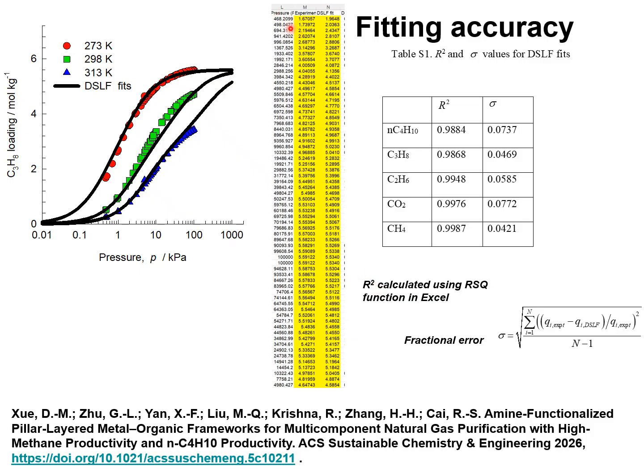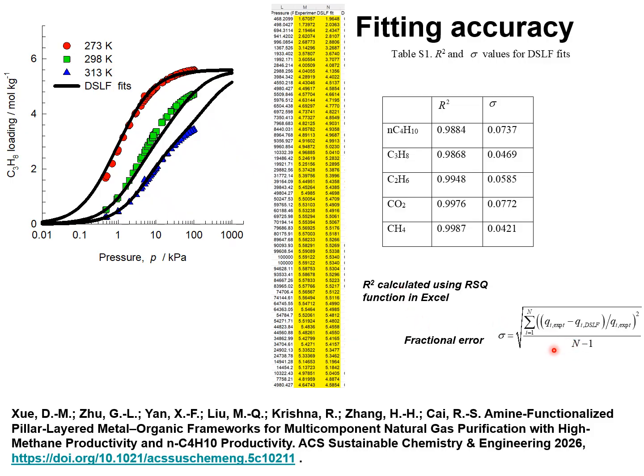Basically, you prepare a column of values of experimental unary isotherm data points and the values of the corresponding DSLF fits, and by choosing and selecting columns M and N for the experiments and the fitted parameters, you can calculate the r squared values using Excel.